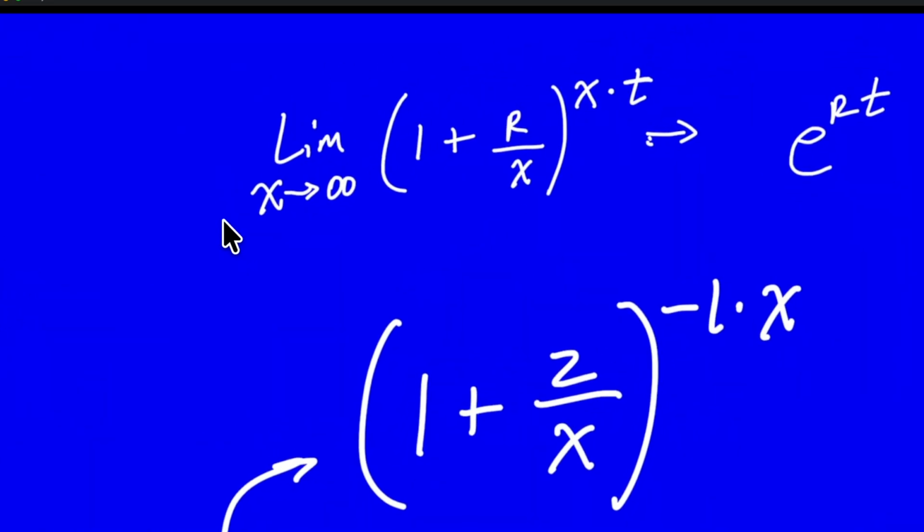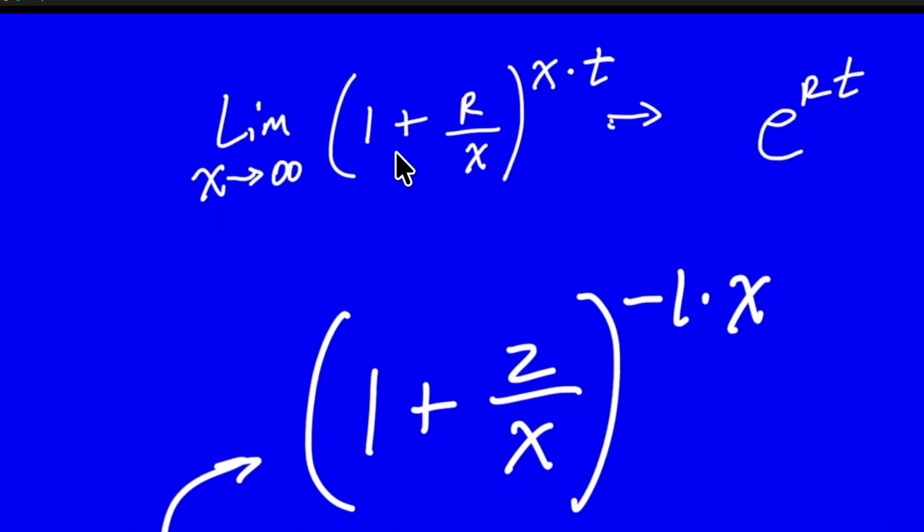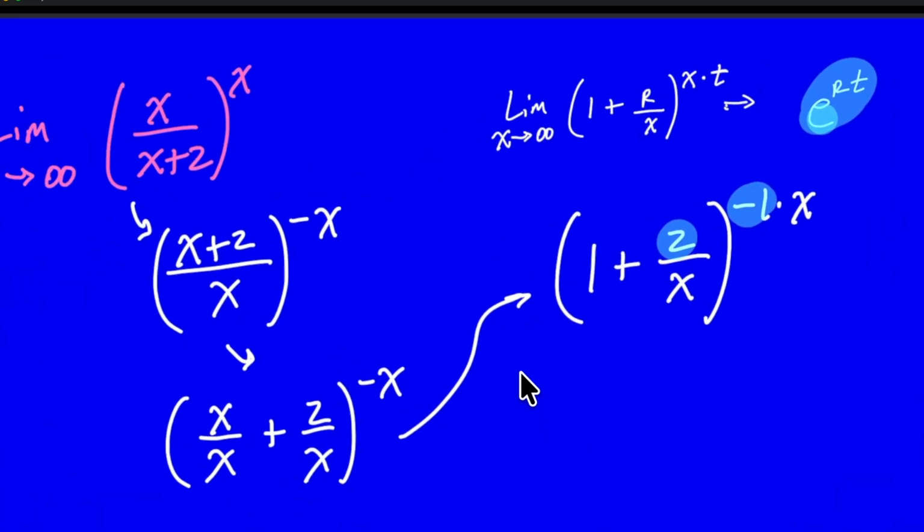So you could see here that we have the limit as x approaches infinity of (1 plus r over x) raised to the xt. Here's our r, and here's our t. So our final answer is going to be e to the rt.